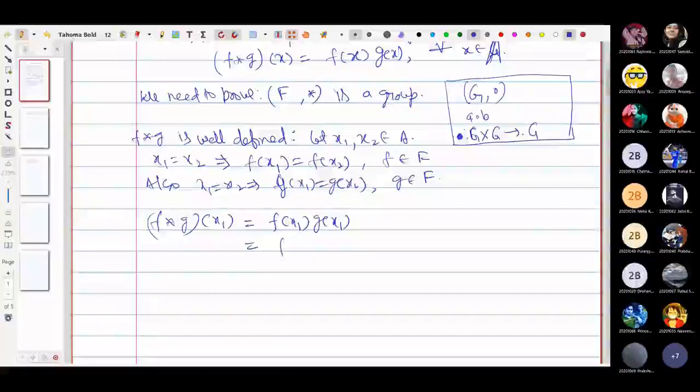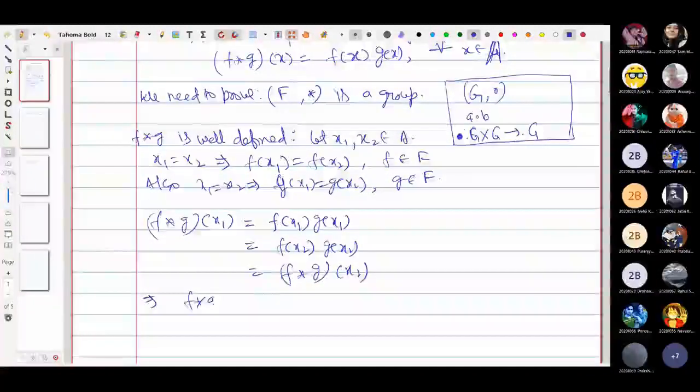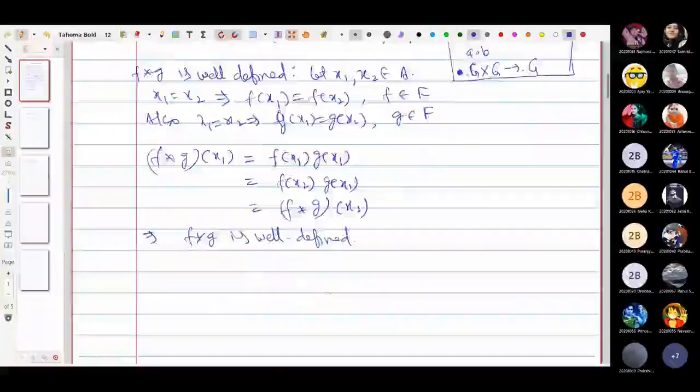But f(x1) equals f(x2), and g(x1) equals g(x2). So we can write f(x2) g(x2), and by definition that is (f star g)(x2). So this implies that f star g is well defined. The operation we have taken is well defined.